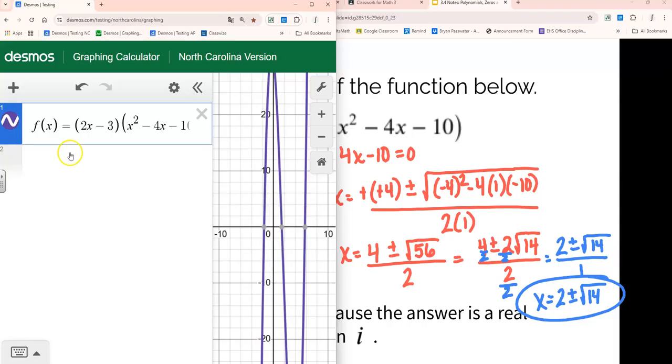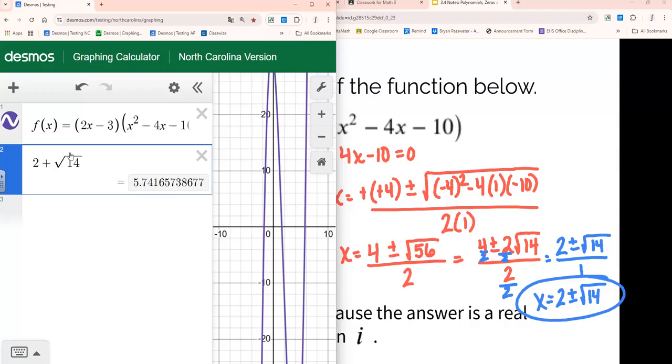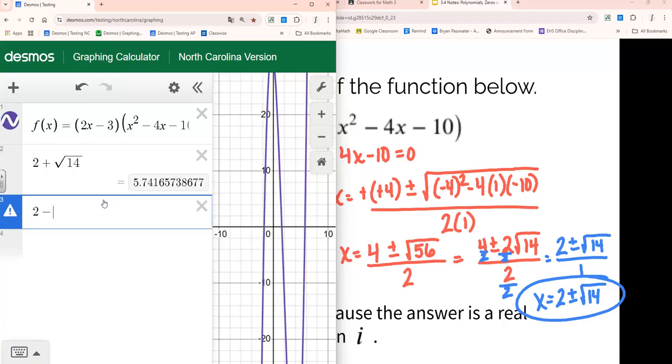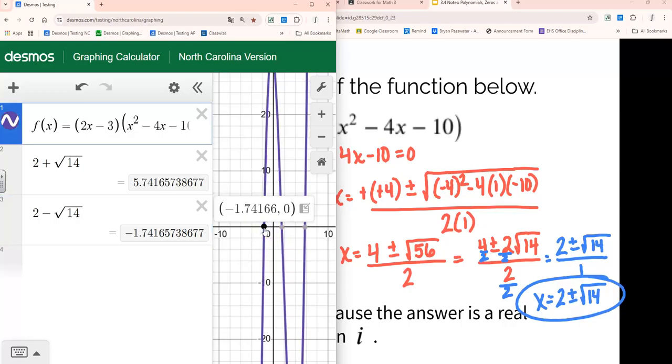But if I type in 2 plus square root of 14, that gives me the 5.741 right there. And if I type in 2 minus square root of 14, I get the other one that's over here.